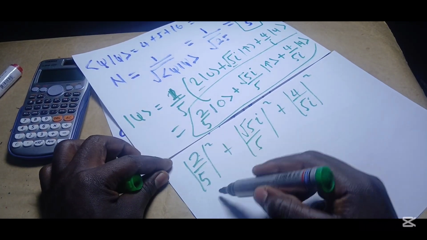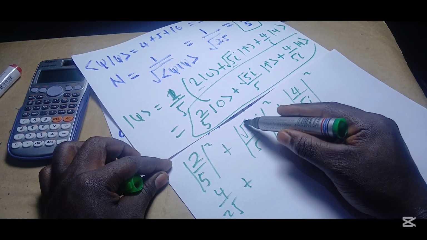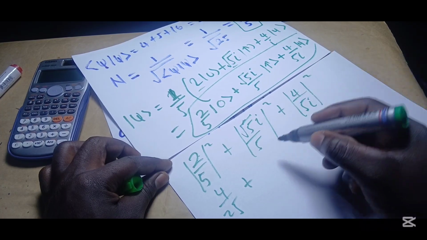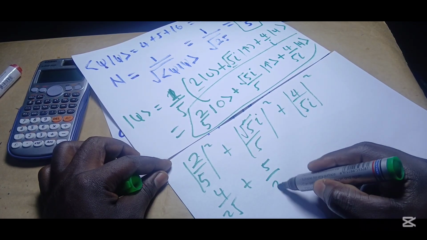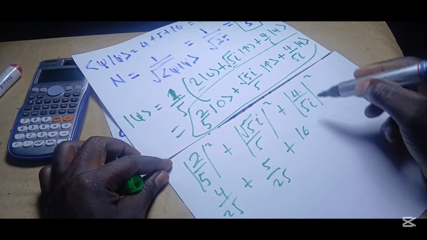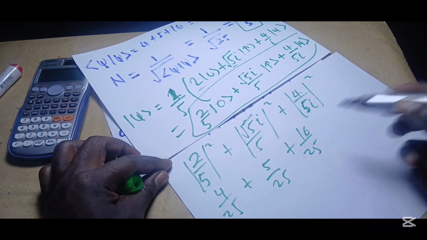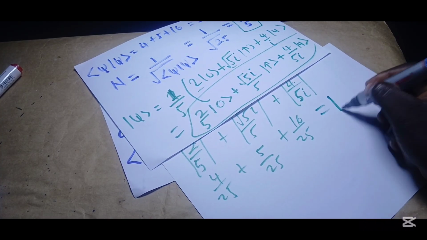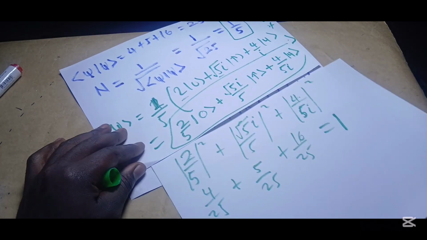So squaring 2 gives us 4, squaring 5 gives us 25. Plus squaring this takes care of the i and the square root sign, so we are going to get 5 over 25. Plus squaring 4 gives us 16, and squaring 5 will give us 25. So that should give us 1. So normalized. That is it for this problem.